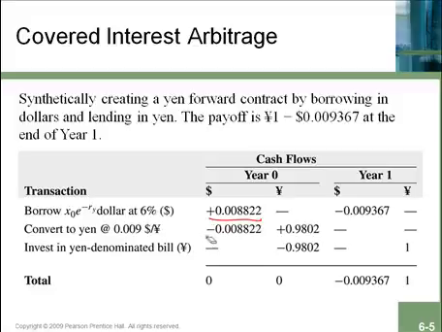Then you would convert that money into yen. In other words, you would pay this amount of dollars and purchase as many yen as you could at this particular exchange rate. Now, how do we know exactly how much that's going to be? Well, let's just go get our calculator and we'll see.